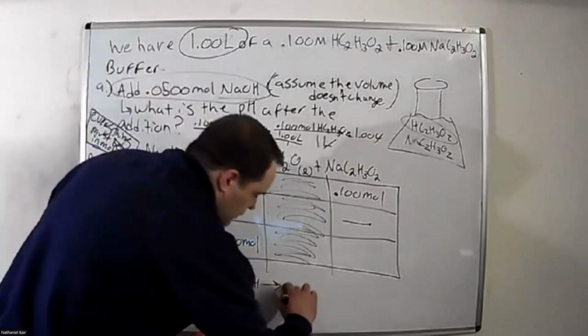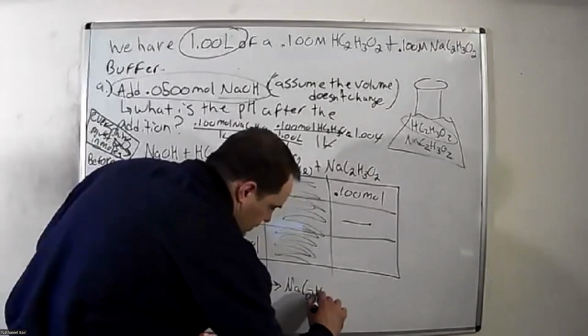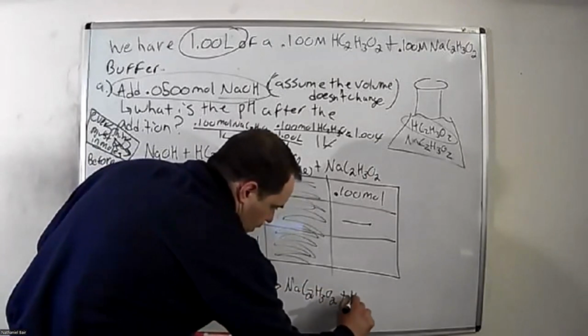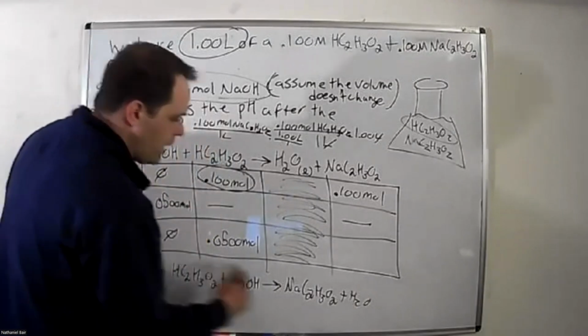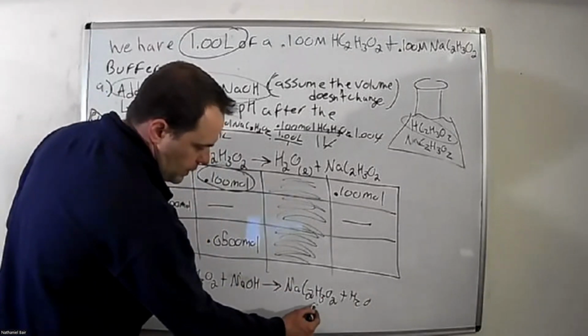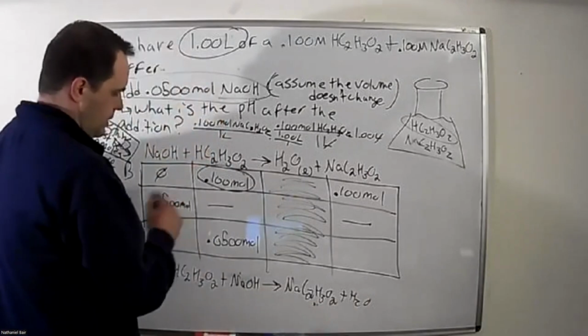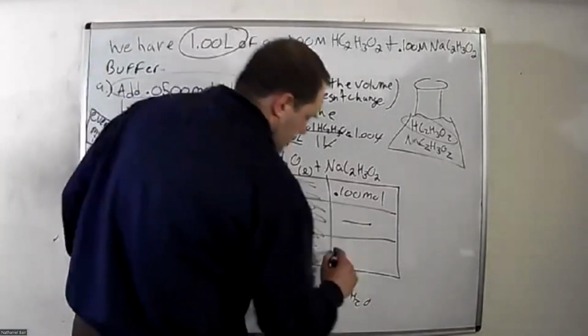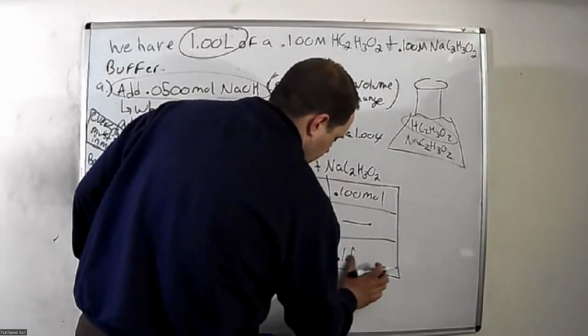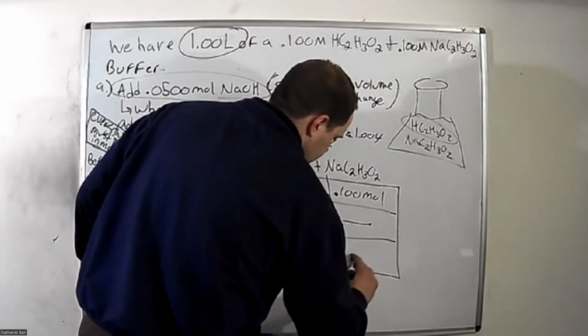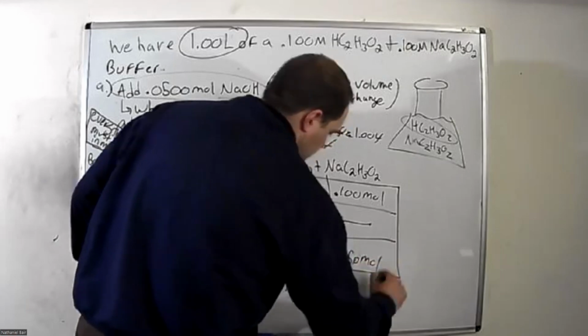When these two react, you get sodium acetate and water, right? So if I react 0.05, I'm going to make 0.05 more moles of this stuff, right? So this is now going to be 0.1 plus 0.05, it's going to be 0.150 moles.